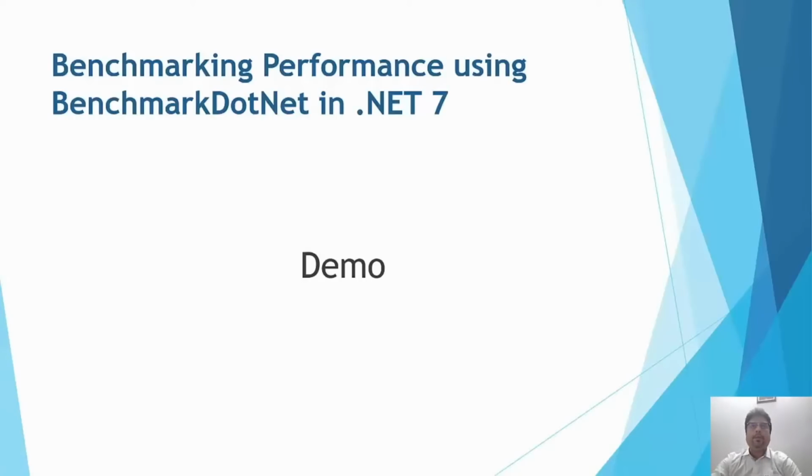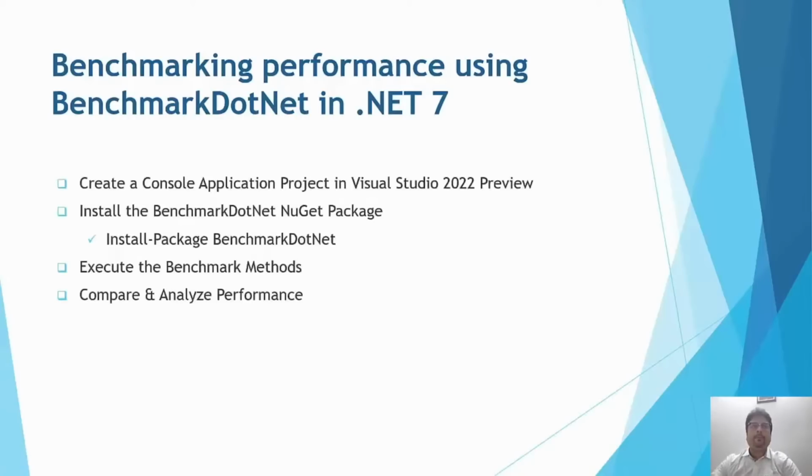BenchmarkDotNet is an open source library for use in .NET applications, using which you can benchmark your snippets of code to understand the performance metrics. For example, you can find the amount of time your code snippet has taken to execute, the amount of memory it has consumed while executing, and the generation 0 and generation 1 collections that have happened for maybe 1,000 operations or 2,000 operations or 5,000 operations.